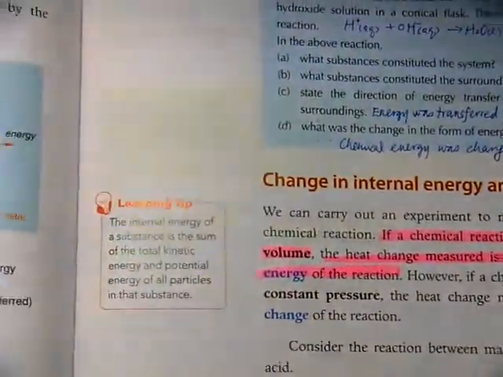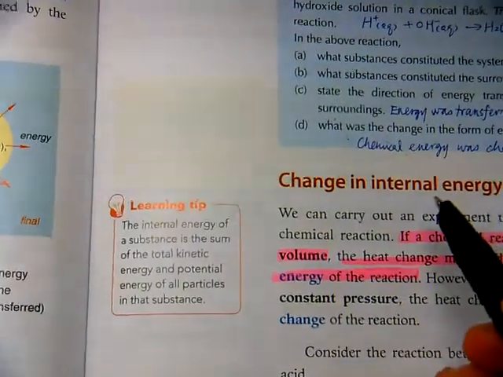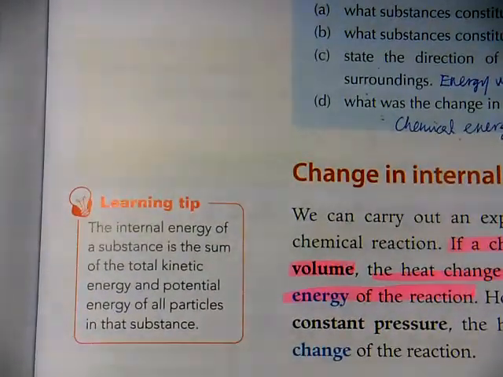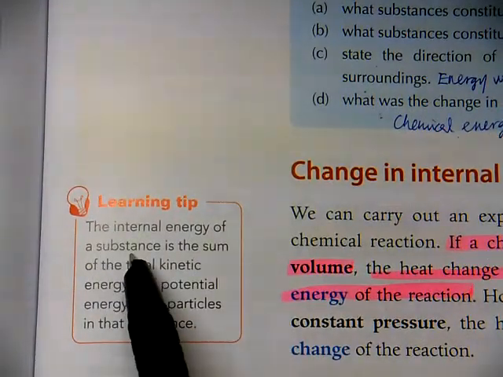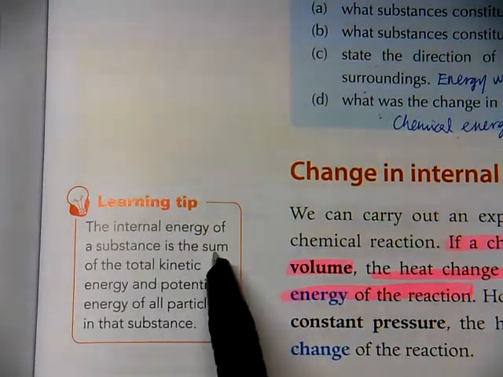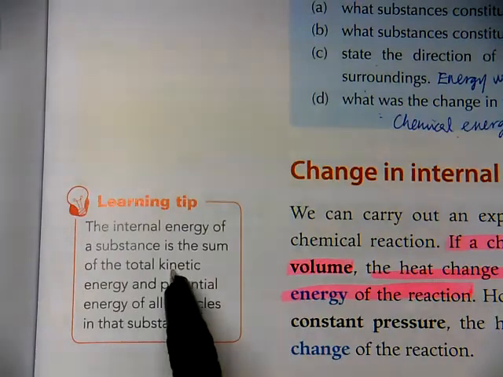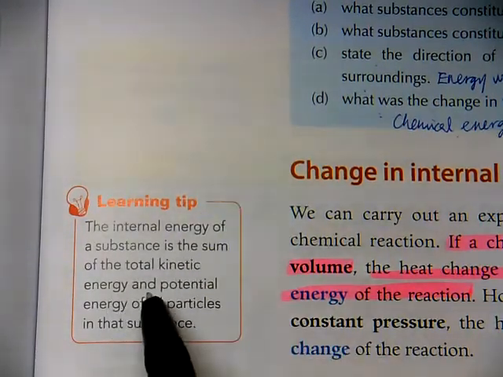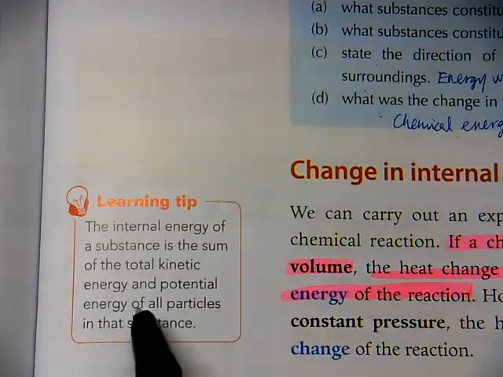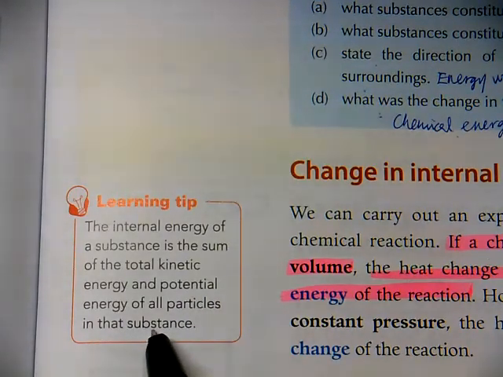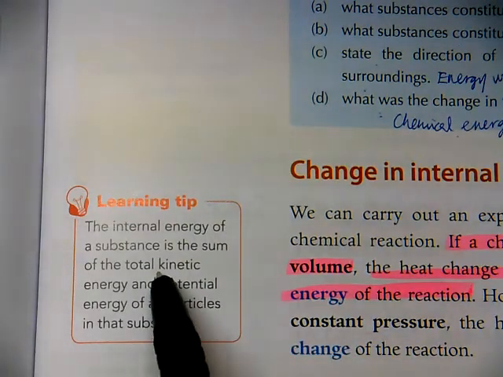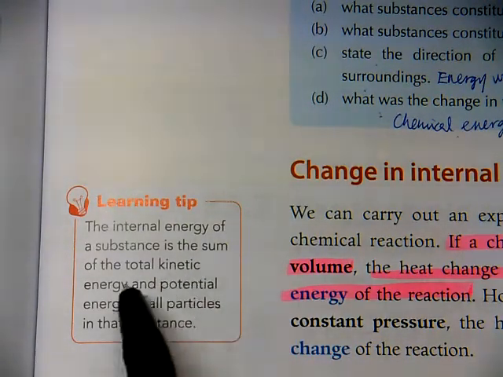Now, let's look at the learning tips. The internal energy of a substance is the sum of the total kinetic energy and potential energy of all particles in that substance. For physics students, I think you have no problem with these terms.